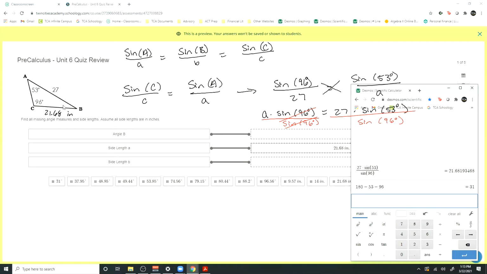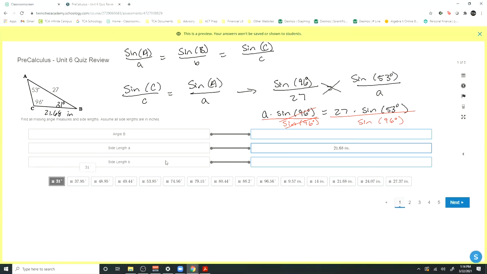This means that the last angle, angle B, must be 31 degrees. So I'm going to write that in my triangle, and drag that to where it belongs.